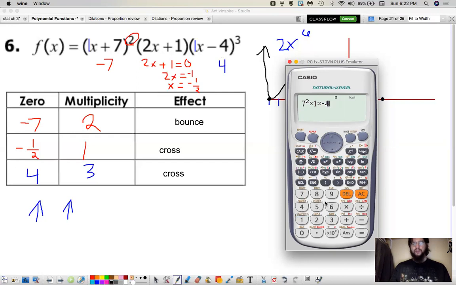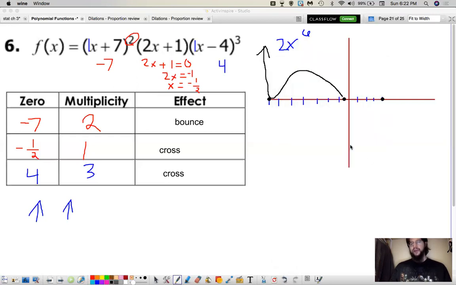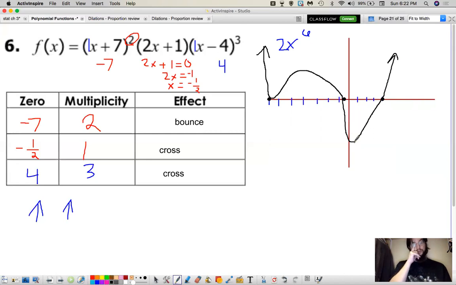We just plugged in 0 for x. This is not -3,000. Okay. Yeah, we're not going to go way down there. But you could go, yeah, -3,000 somewhere around there. And then we got a cross here. So I'm pretty sure it's going to have some other weird stuff going on in between here. This thing goes really far down, so who knows? But the general shape should be something like this. Let's find out.